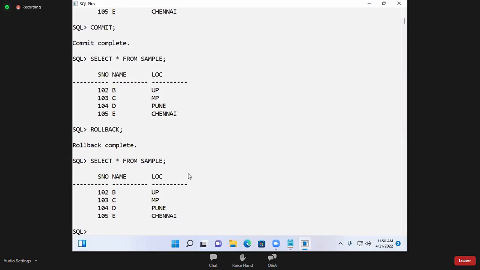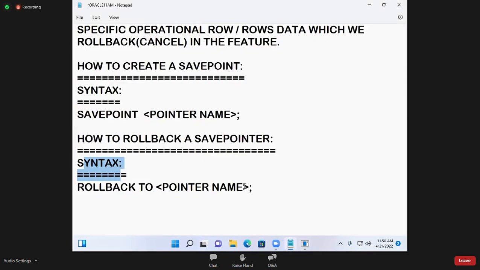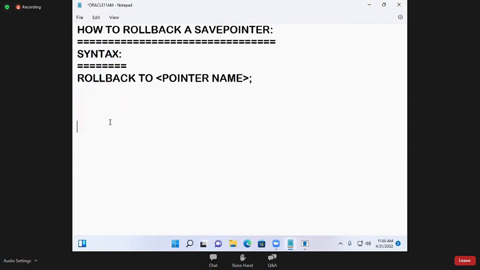Okay now, but here observe. These transactions, commit, rollback, save points, how do these commands work in real-time applications? In real time, nowadays everything is online.